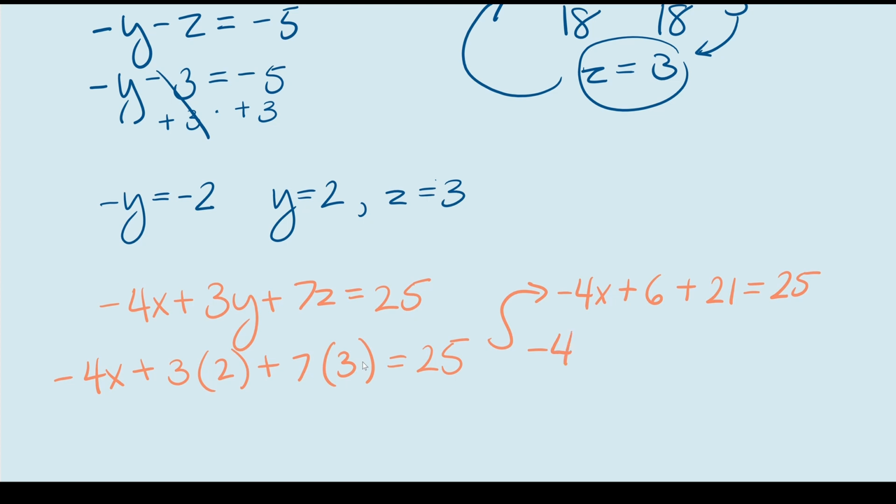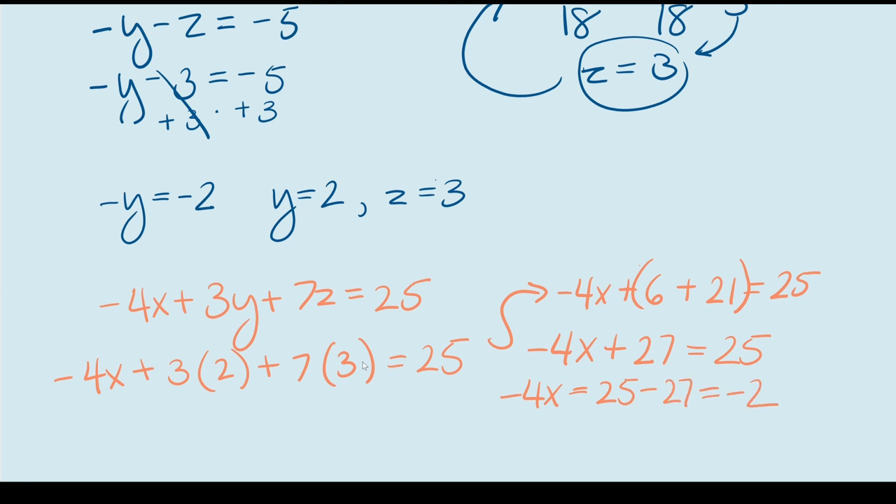I'm going to continue solving this equation. I have negative 4x plus 6 plus 21, and so we can basically group these together and get 6 plus 21, which is 27, equals 25. Negative 4x is equal to 25 minus 27, which is negative 2.